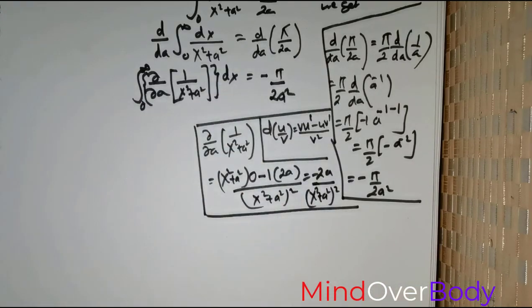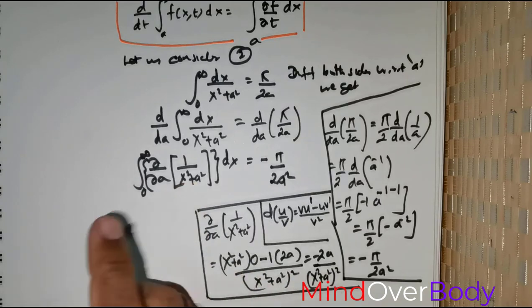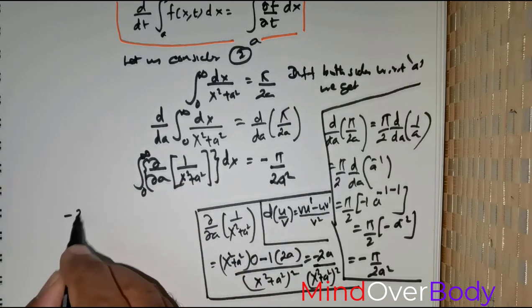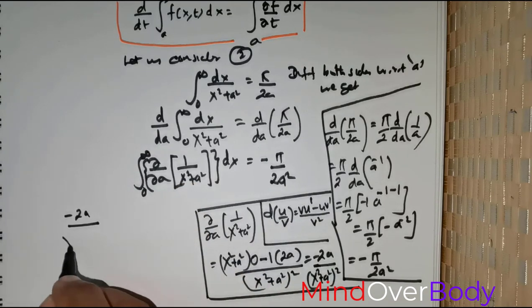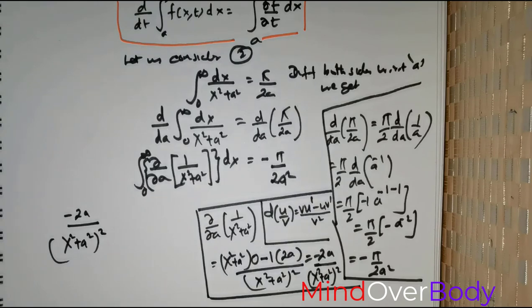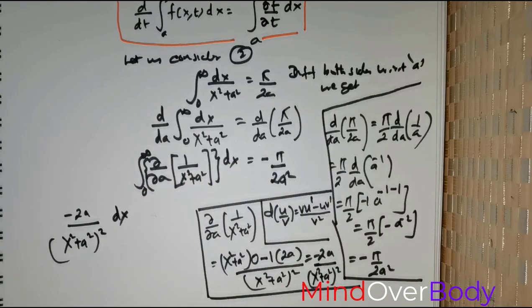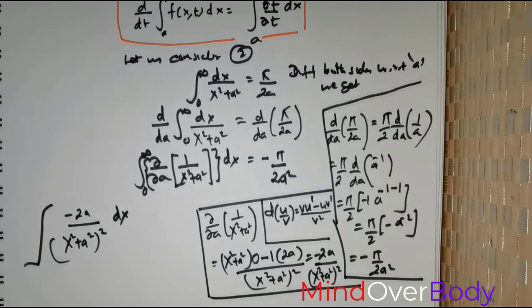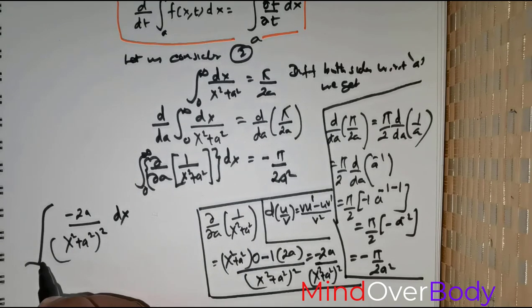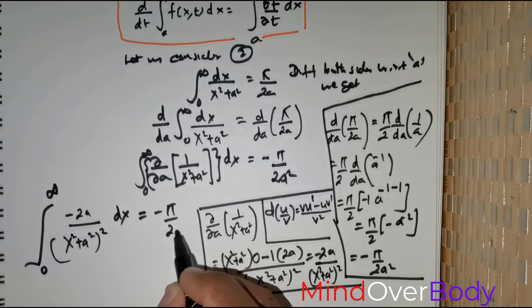So let us club these two things together. Negative 2 times a divided by x squared plus a squared raised to the power of 2, and I have a dx, don't forget that, and I have an integration sign, 0 to infinity, and I got a negative pi over 2a squared.